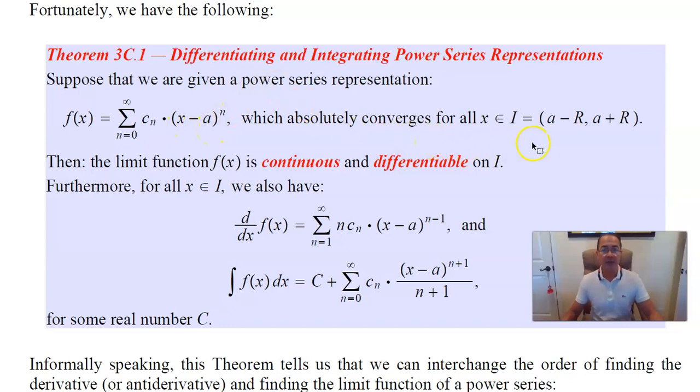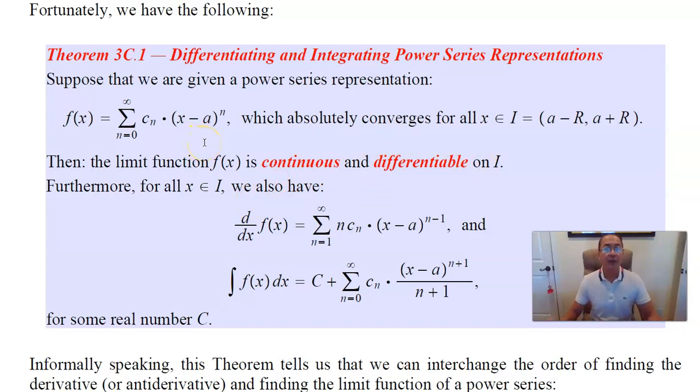And we know that when you're inside the interval of convergence, where you do not include the endpoints, then the power series absolutely converges. And we will say that this power series will be exactly equal to the function at that point. That limit function is continuous and differentiable on the interval I.